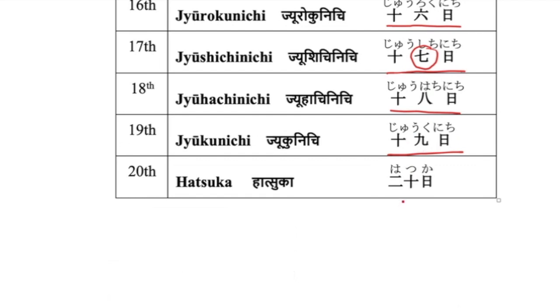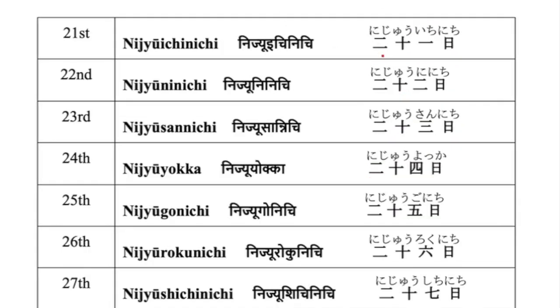Then the 20th day is Hatsuka. It is an exception. The 21st day is Ni Ju Ichi Nichi. Ni is 2 and Ju is 10, so 2 times 10 is 20. Then add Ichi, so it has become 21. So Ni Ju Ichi Nichi is the 21st day. And the 22nd day is Ni Ju Ni Nichi. The 23rd day, Niju San Nichi. The 24th day is an exception.